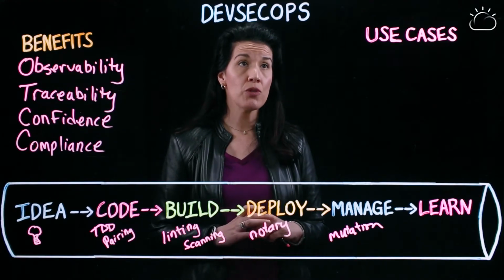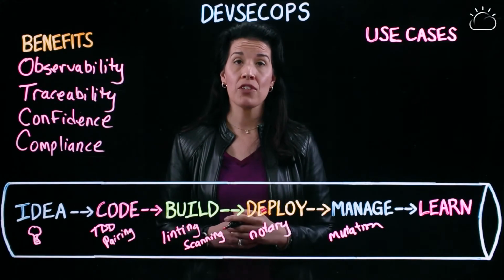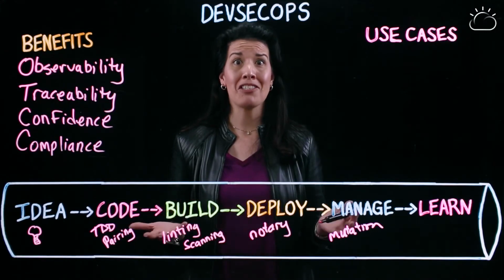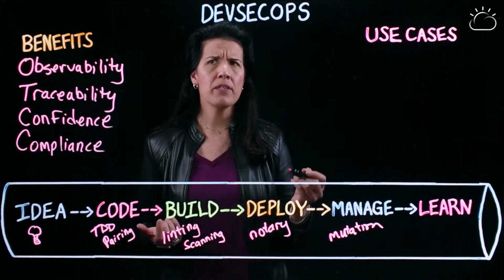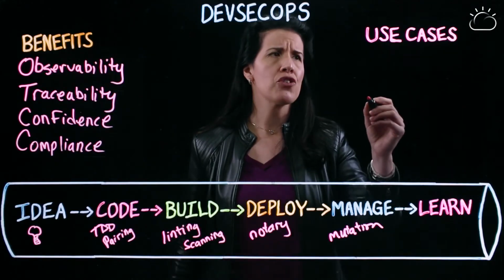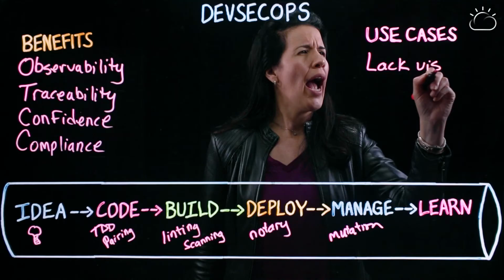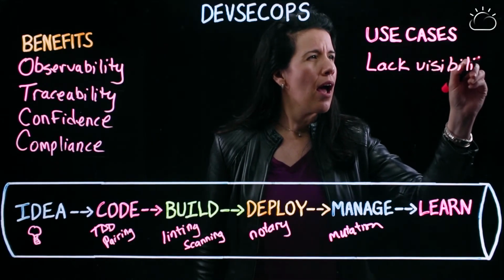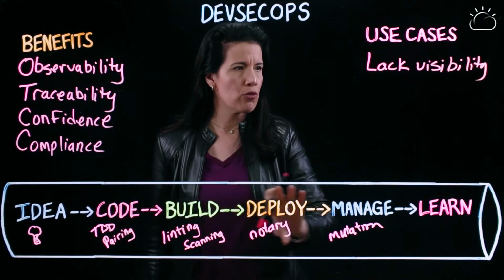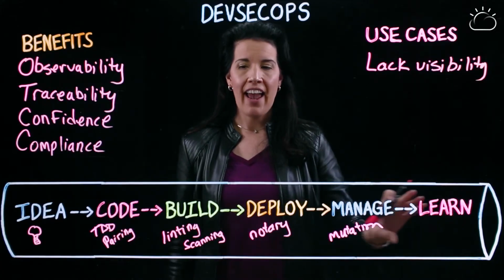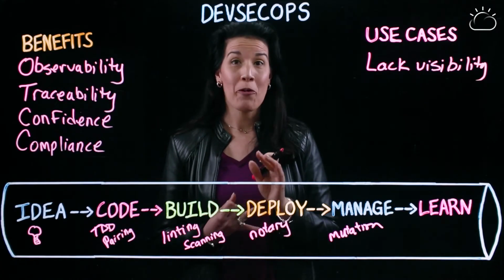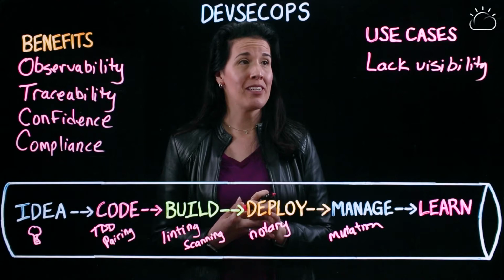So what are some of the use cases for infusing security? Well, pretty much everything, but in particular, if you have issues with a lack of visibility in terms of how your applications are progressing through the pipeline and who's deploying what, when, and in which environment.